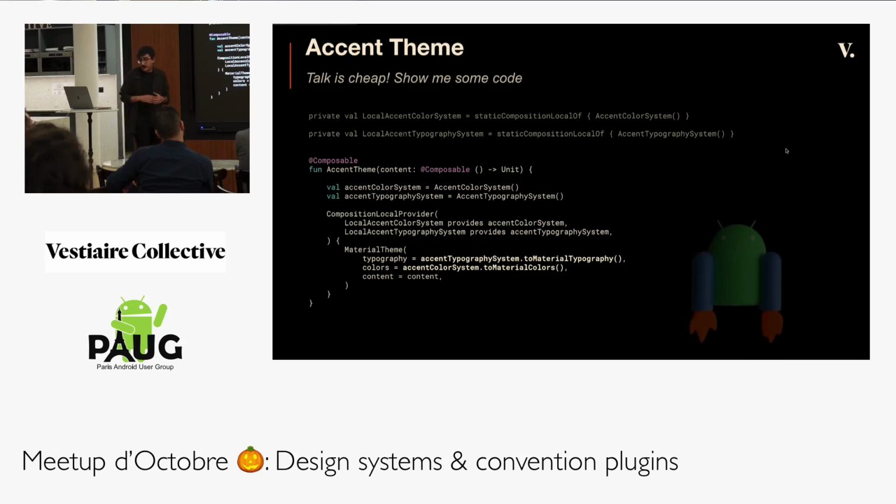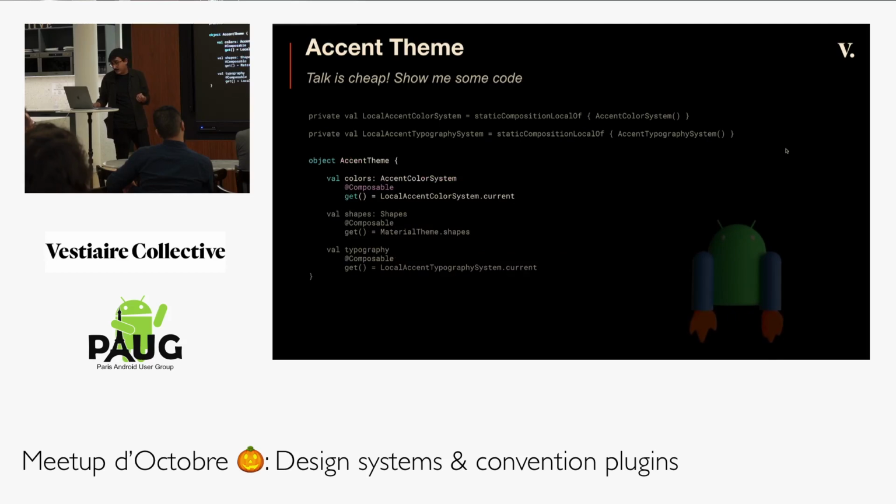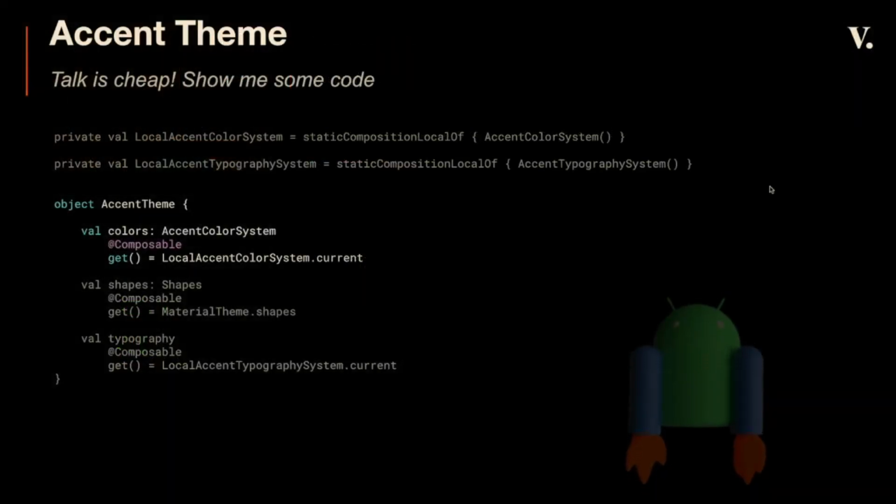But just before, let's continue to see the accent theme object. So accent theme is created as an object, very similarly to how it's done on material theme. And this is done to be able to access statically colors, shapes, and typography by just calling accent theme.colors, for example.